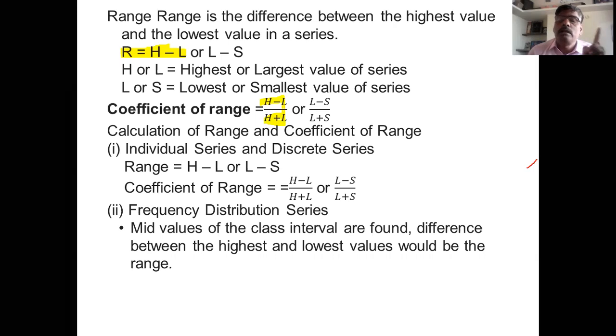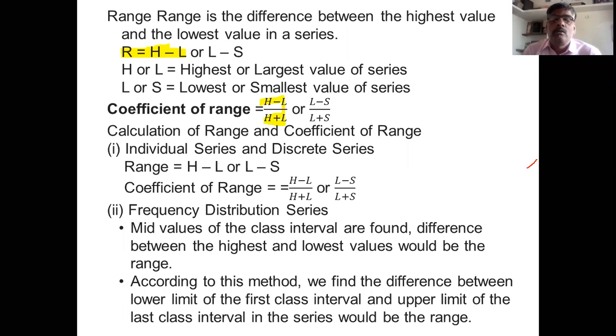In the given mid values, you take the highest and lowest value, and the difference is the range. To calculate the coefficient of range, highest minus lowest divided by highest plus lowest. Okay, this is the point of calculation.